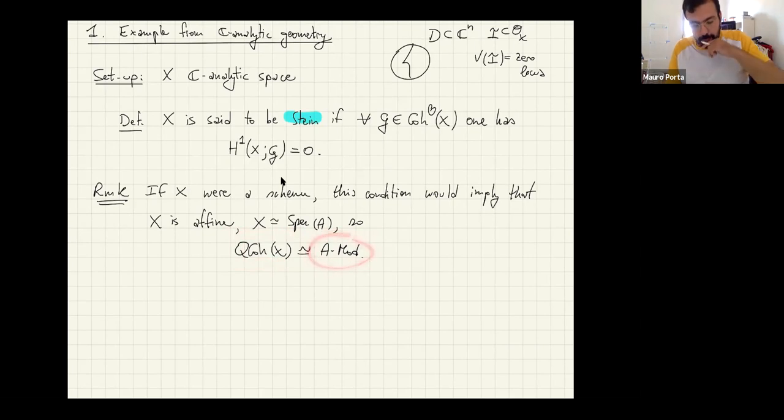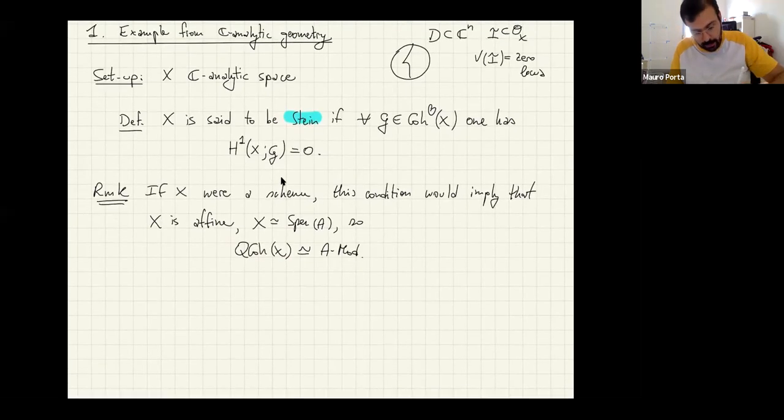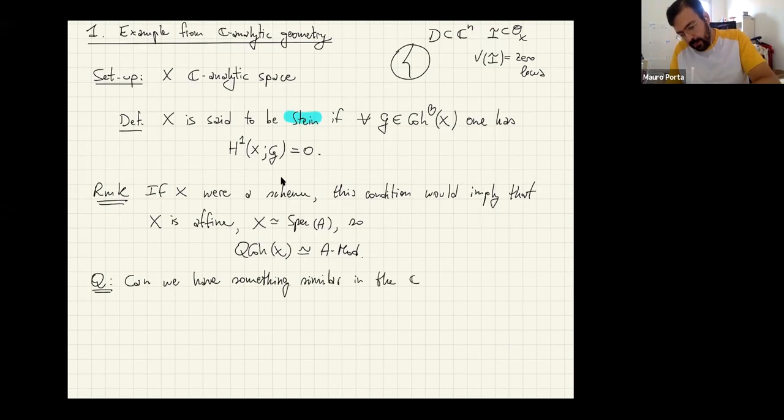So okay, the natural question is, can we have something similar in the complex analytic setting?